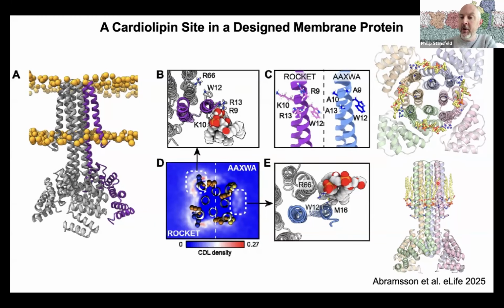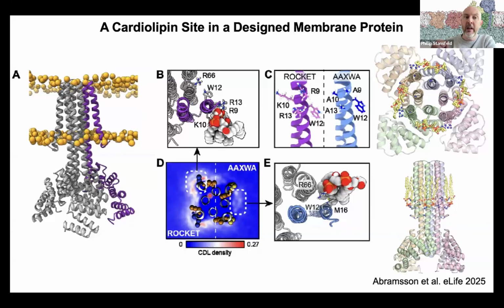But what's rather nice is you can use the likes of Chai and AlphaFold to propose an interaction of these cardiolipin molecules with the membrane protein that agrees very well with what we've previously shown through these molecular dynamics simulations. If you want to read this in more detail, it's only just come out, I think this week, in eLife, so have a look there at this particular study.